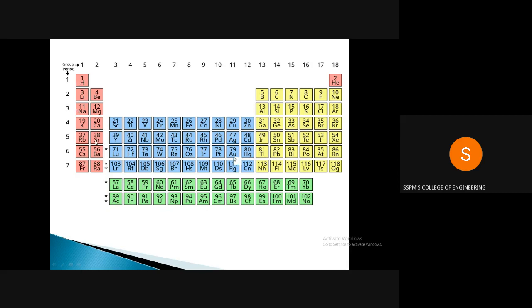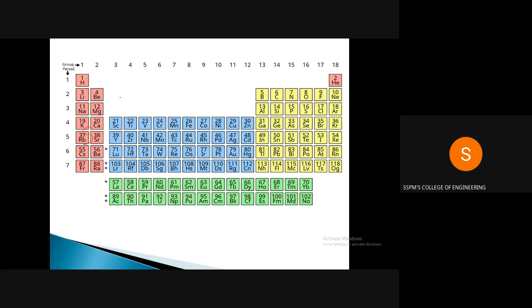It is divided into 4 blocks. You know that already. There are 18 groups and 7 periods.